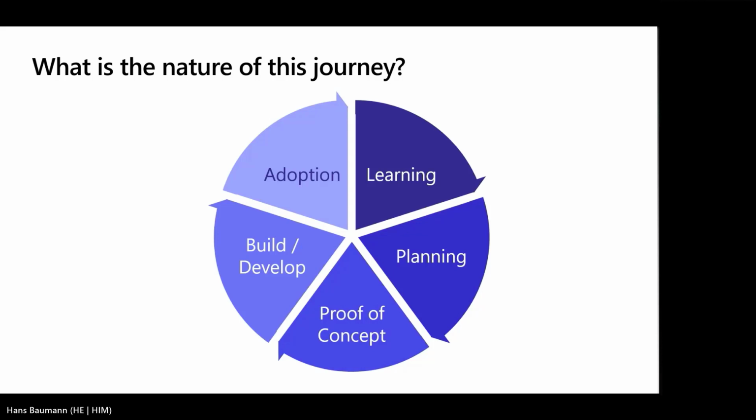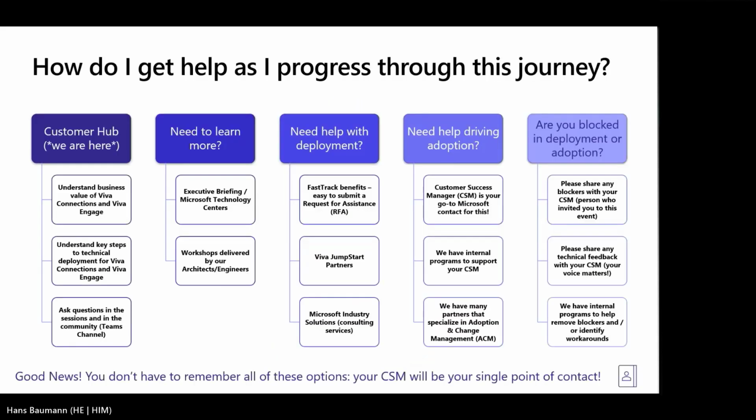If we speak about this journey and how we can help you on each of those steps, this is not intended to explain everything around each one of the steps, but at least it gives you a brief idea of how we can help you in different ways at different stages of the journey.